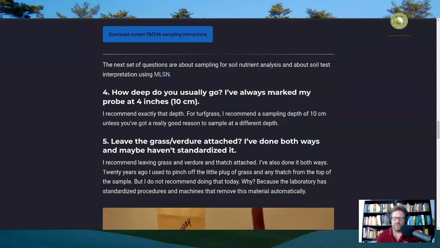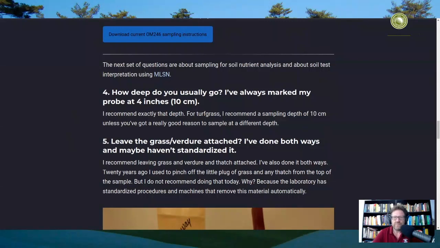And a really good reason to sample at a different depth would include if you are in a region of the world in which you have a specific way of interpreting the soil test results, and that way of interpreting the soil test results is designed to be done with soil samples that were collected at a different depth.